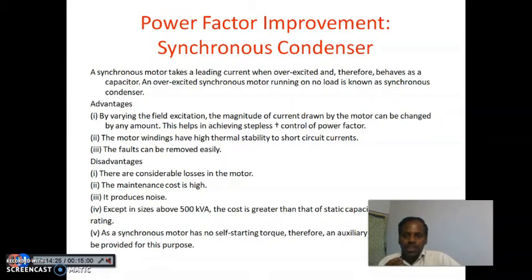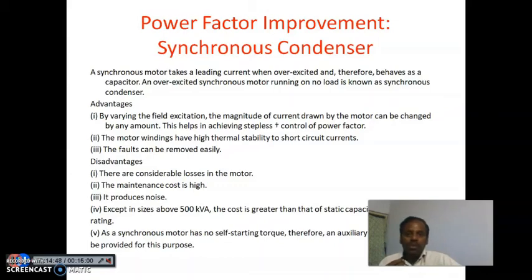The advantages are, by varying the field excitation, the magnitude of current drawn by the motor can be changed by any amount. So the magnitude is changeable. A static capacitor has a fixed value, but here the capacitance value is variable. The second advantage is the motor windings have high thermal stability to short circuit current.